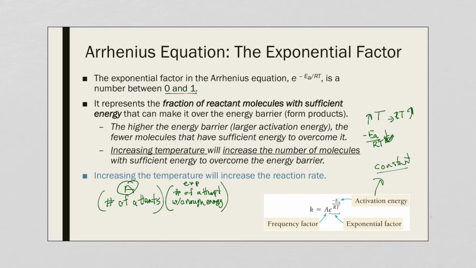So let's just do a thought experiment here. Let's just say our negative EA over RT equals 0.5.